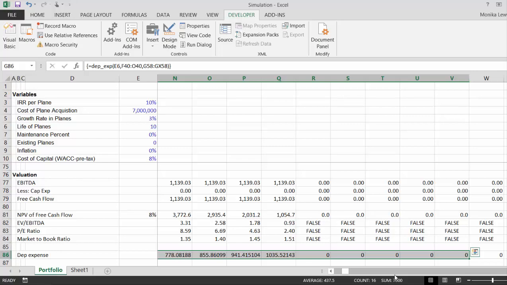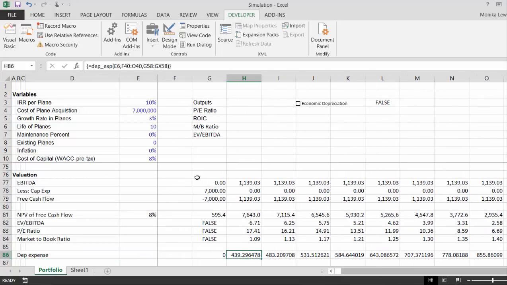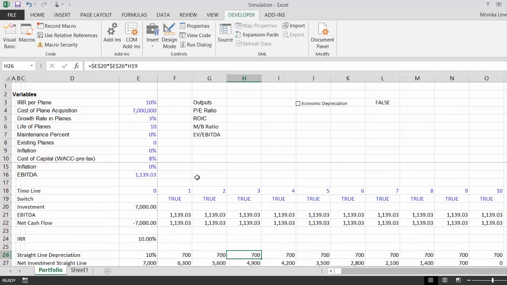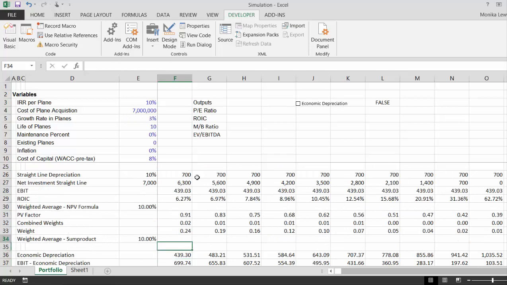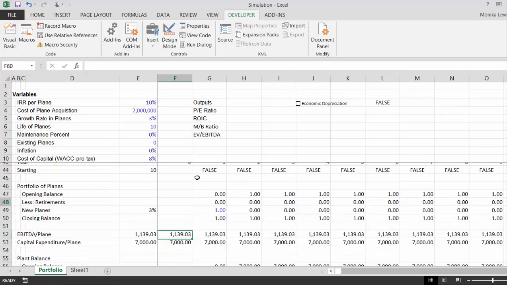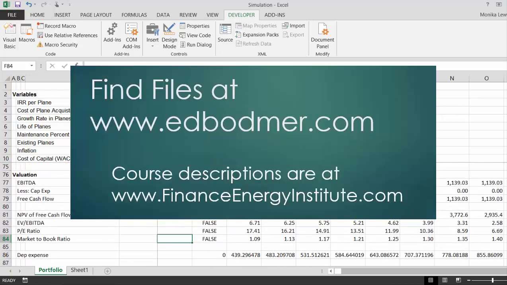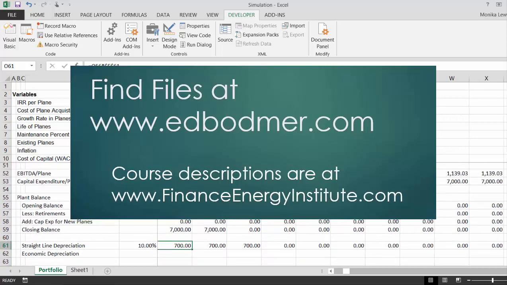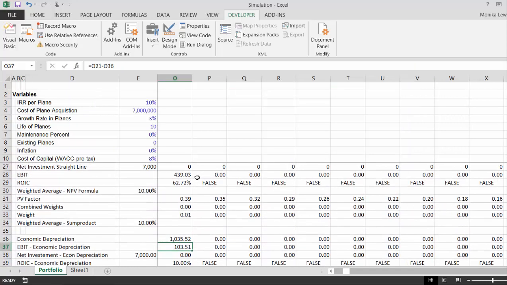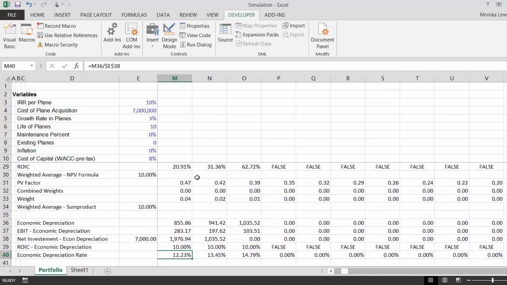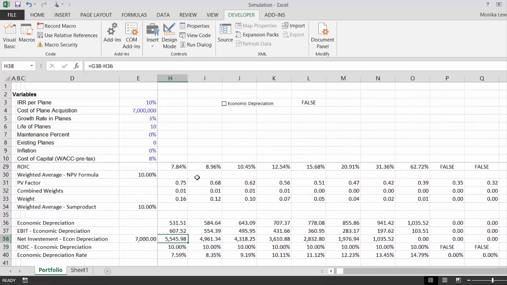The C adds up to 700, and if we try this against our manual calculation, 439, 438, 1032, 439, 1035. Uh-oh. There's the 1035, so it did work.